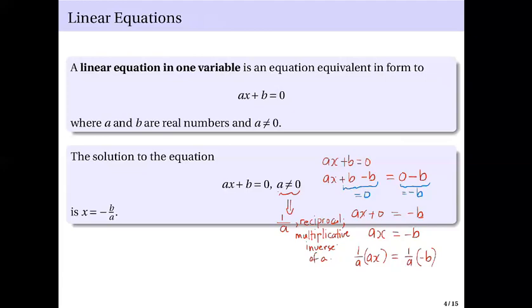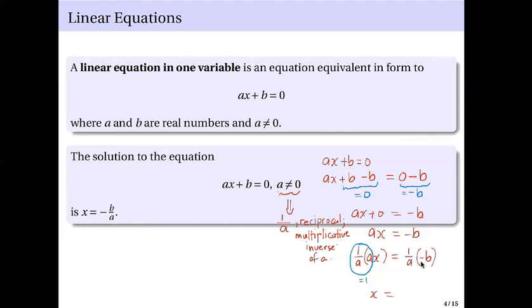And these two guys here, if you multiply a with 1 over a, that will give you equal to 1. So on the left-hand side, you will just have x, whereas on the right-hand side, remember, I defined division as multiplication in the previous slide.